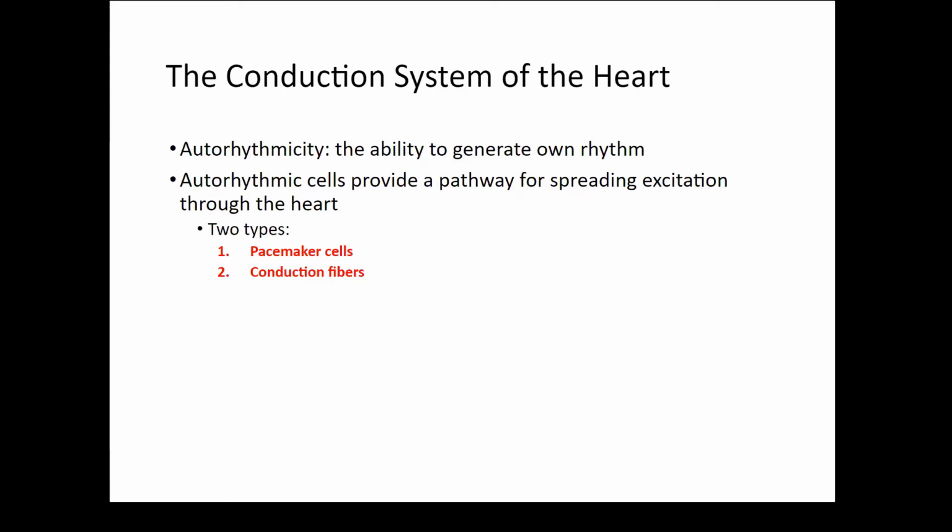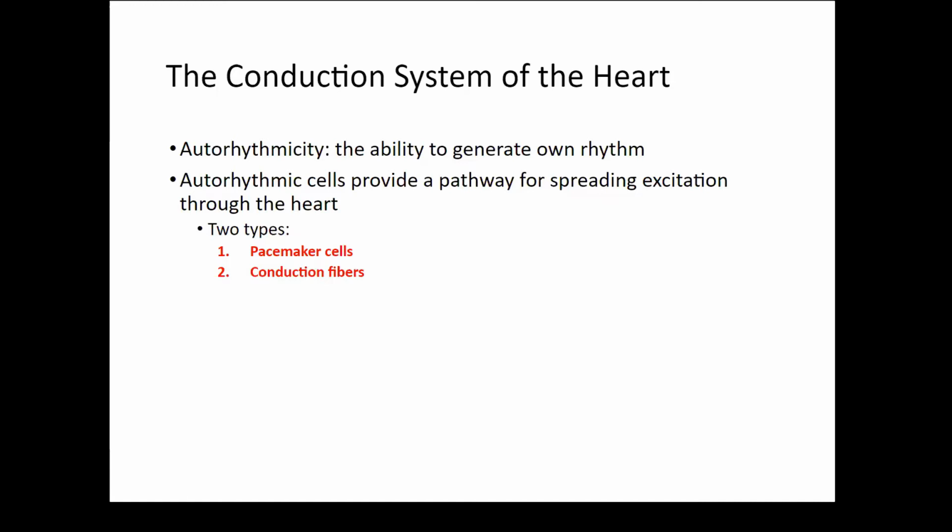A cool thing about the cells of the heart is that they have this property of autorhythmicity, which is to say that they can generate their own rhythm, so they can generate their own depolarizations automatically without nervous input. So we're going to see that we have cells that create electrical activity at specific paces independently of anything else.